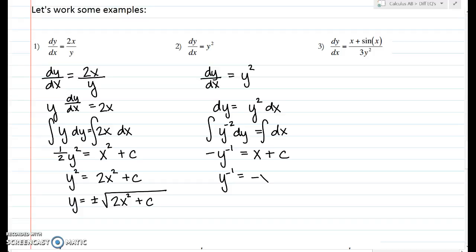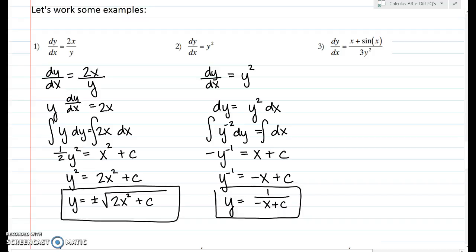So I'm going to make this negative x plus c. Again, you might be thinking minus c, and you're right, but remember c's arbitrary, it can be anything. And then to get y, okay, to undo that negative 1, right, I'm going to flip. So I get y equals 1 over negative x plus c for my particular solution.